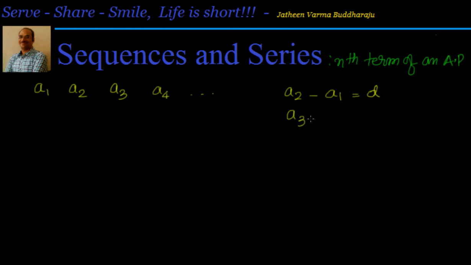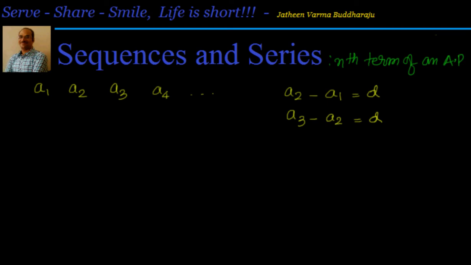Similarly, a3 minus a2 is also equal to d. That is how we have defined that the series is an arithmetic series: when two consecutive terms have a constant difference, and this difference is called the common difference, or d.